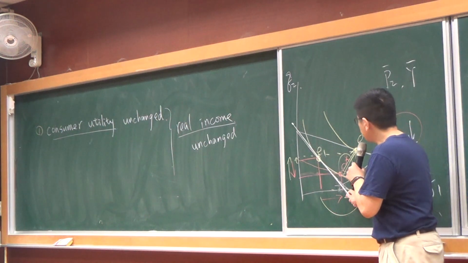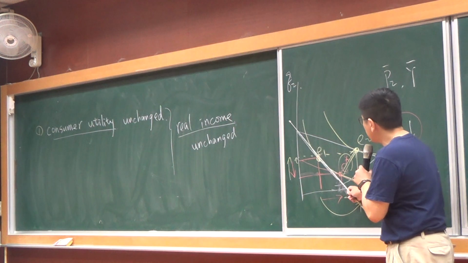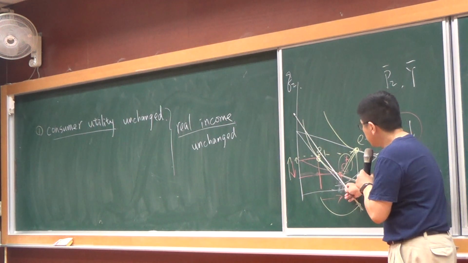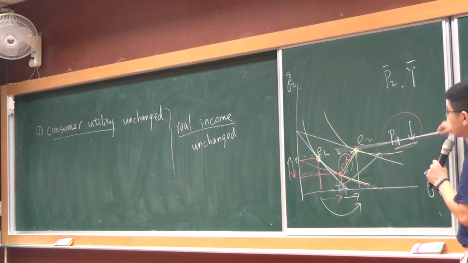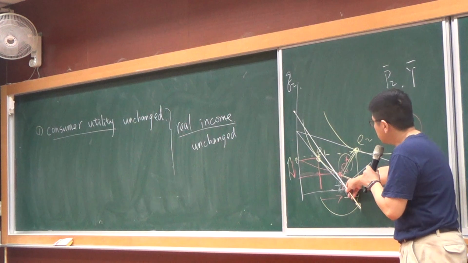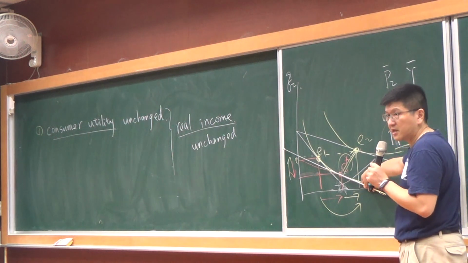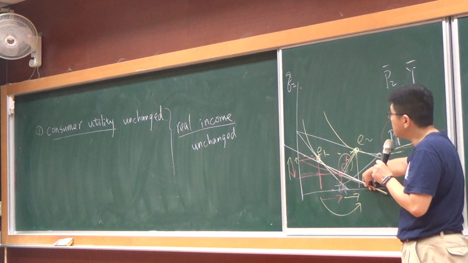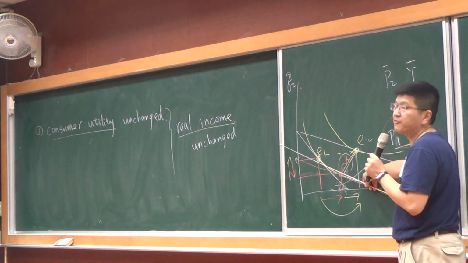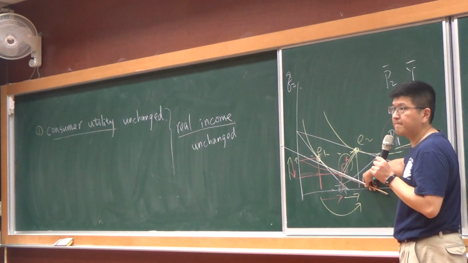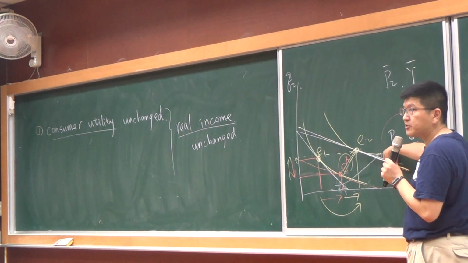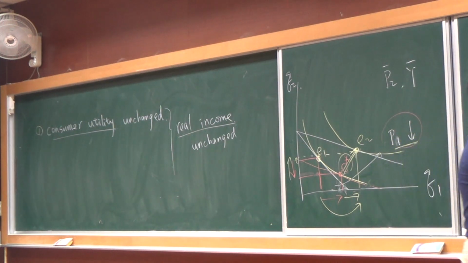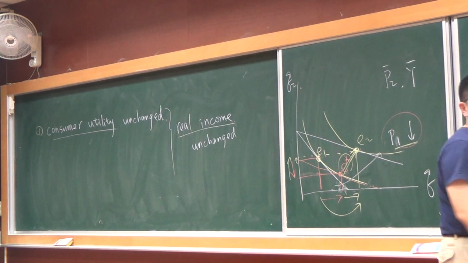So we change from E1 to E2, we change the price, but hold the consumer utility constant. Okay? So using this technique, this trick, we may have the substitution effect. And then the parallel shift is capturing the income effect, just like the parallel shift from E star to E2 is capturing the income effect.